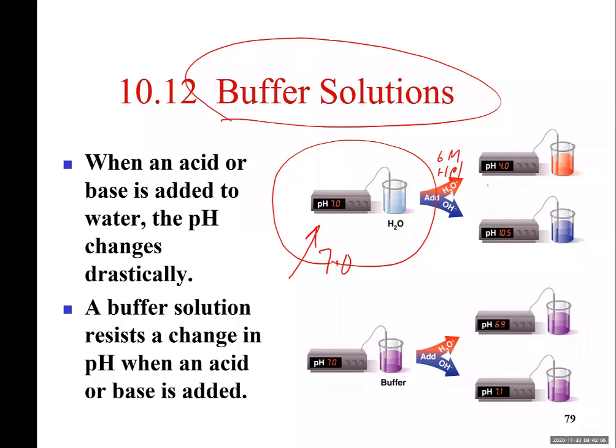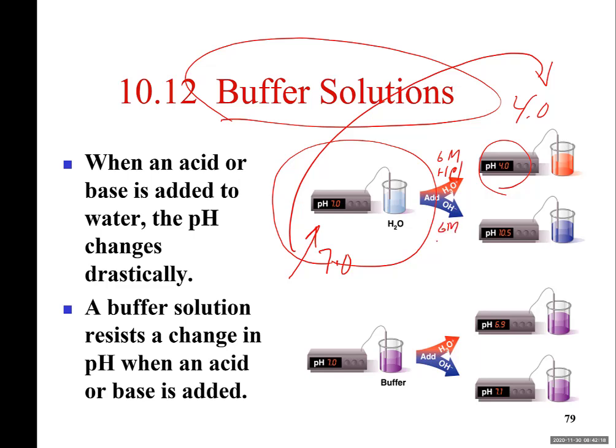See, pH has dropped to 4. From 7 to 4, there is 3 units of pH change. And if I add a drop of 6 molar NaOH here, pH 7 is changed to pH 10.5. So 3.5 change of the pH.